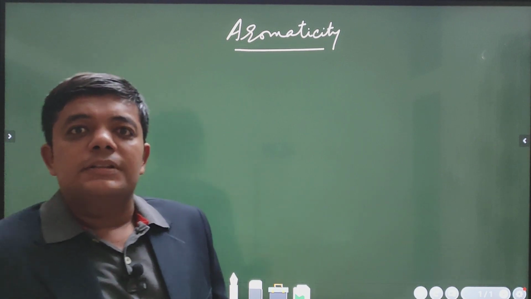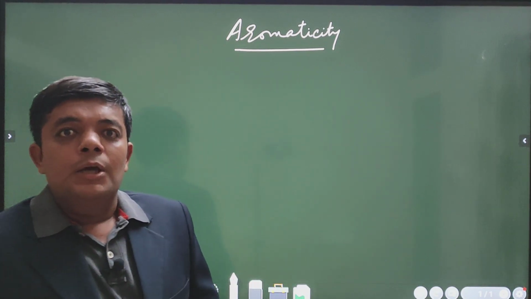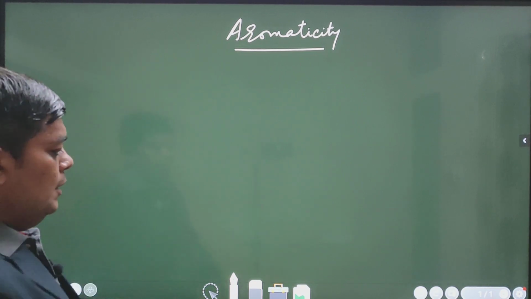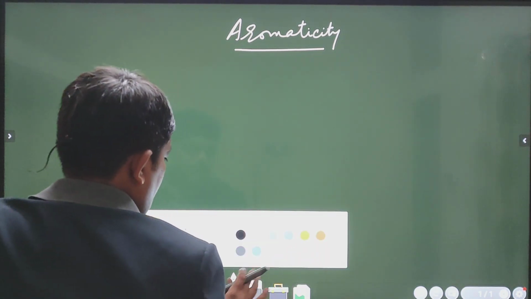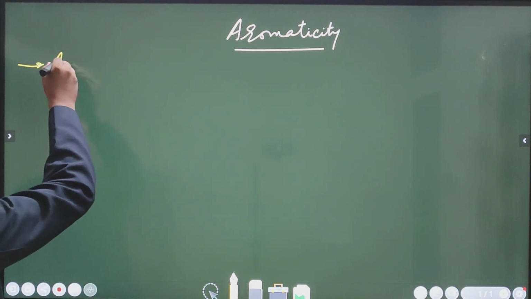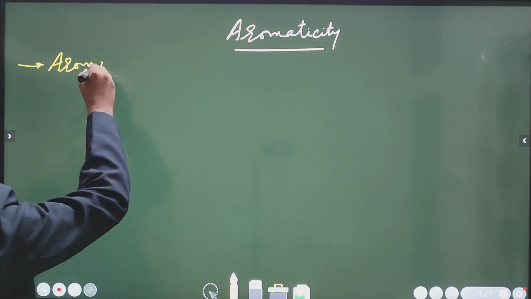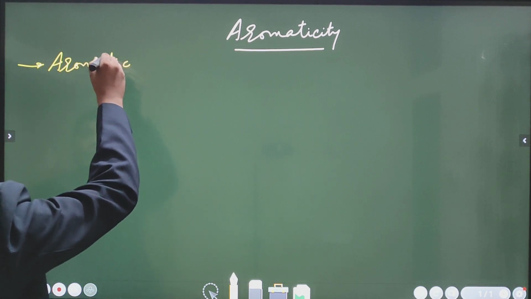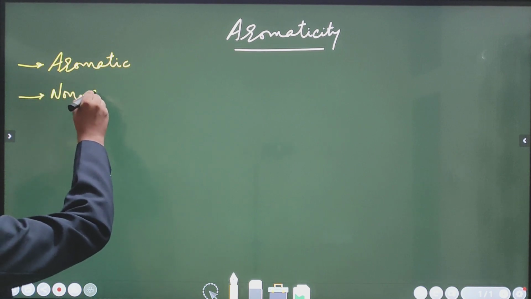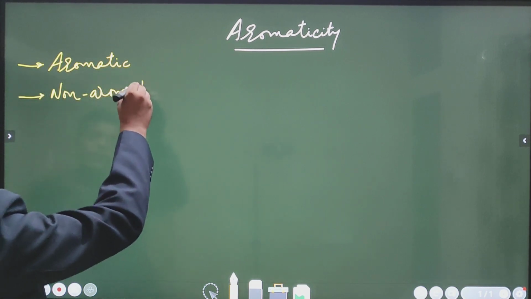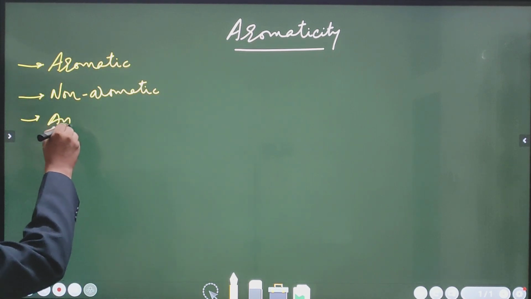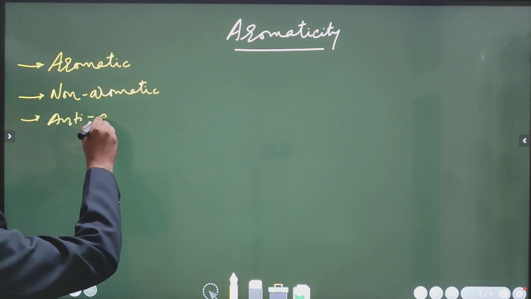Whenever we come across this term aromaticity, we generally think of three fundamental types of aromaticity, which includes aromatic compounds, non-aromatic compounds, and anti-aromatic compounds.